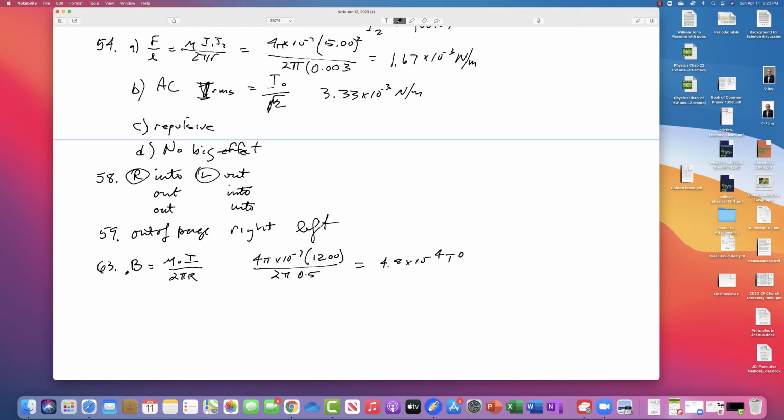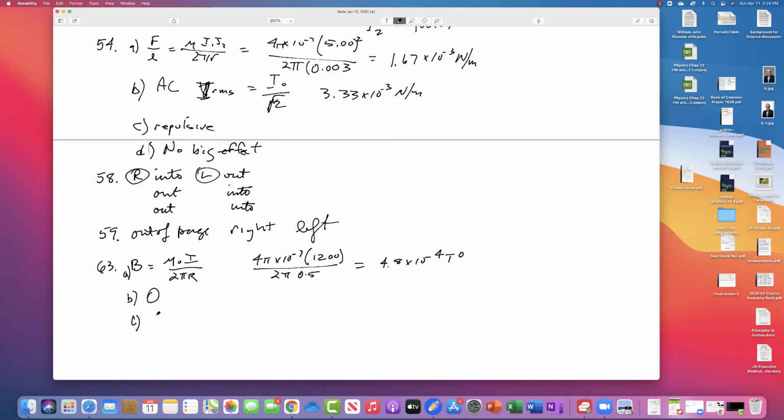B states, what is the field if the wires to and from the drive mechanism are side by side? Well, if it's to and from and they're side by side, it's going to be zero because there's no net current generated.